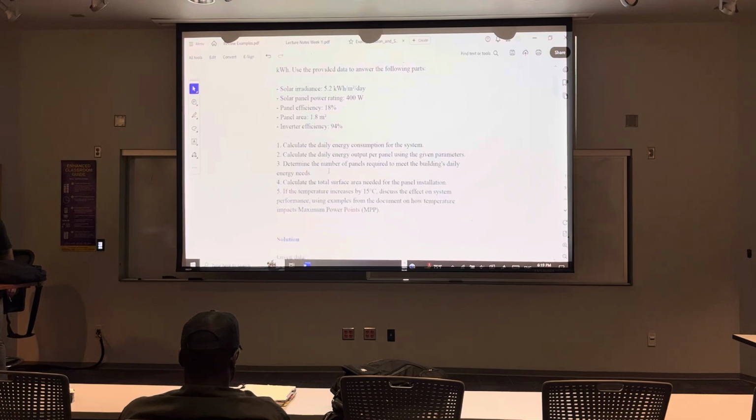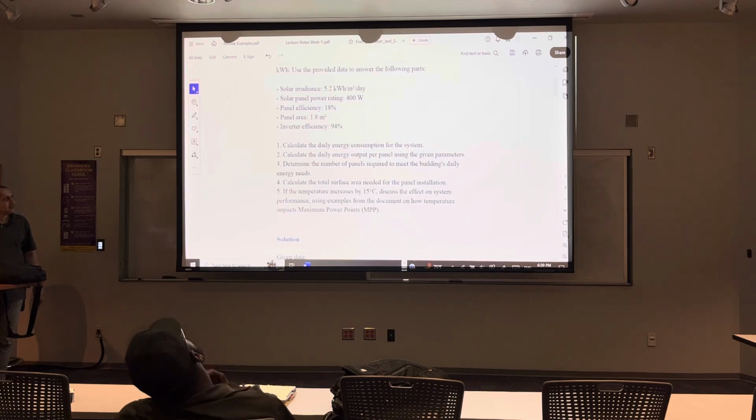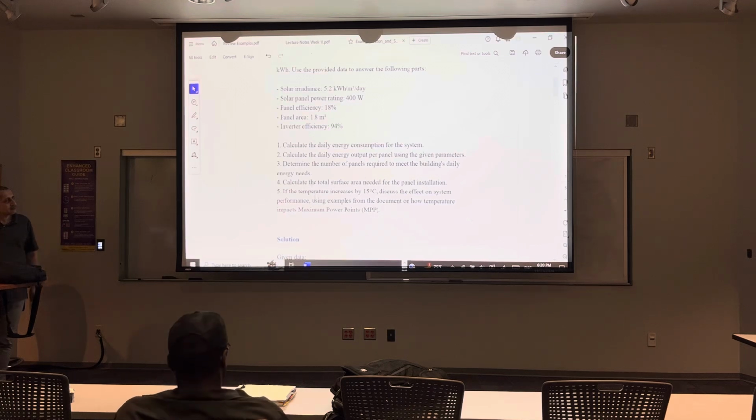Calculate the daily energy output per annual using the given parameters. Determine the number of panels required. Calculate the total surface area required to install the system. If the temperature increased by 15 degrees centigrade, discuss the effect. This is very important.